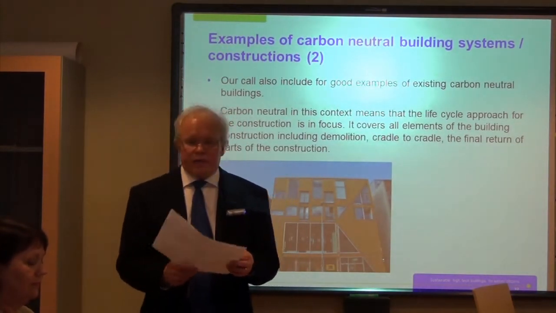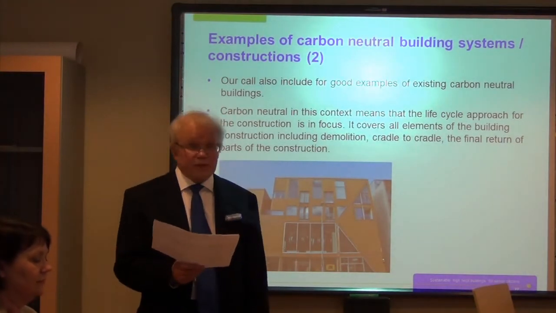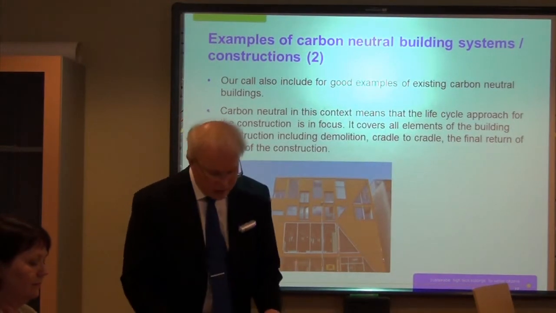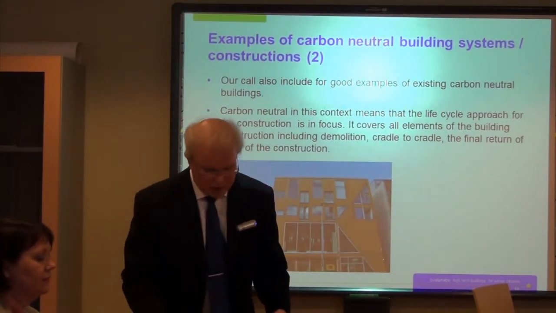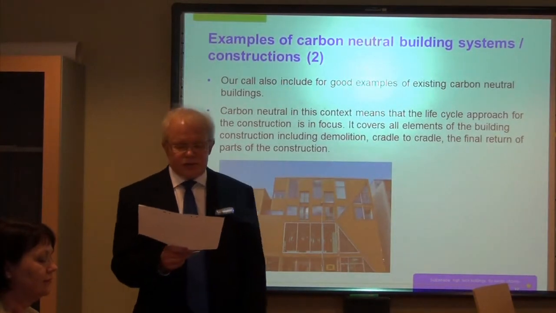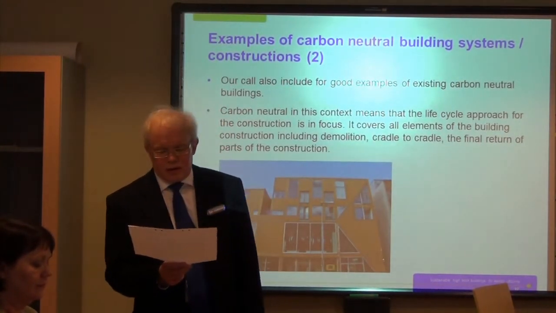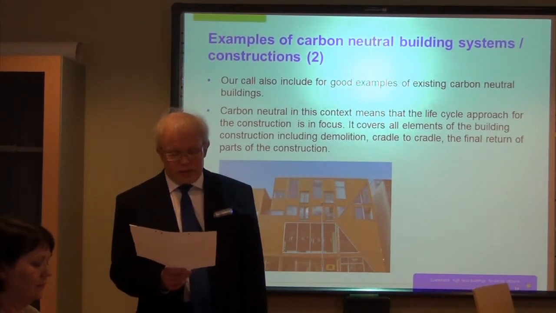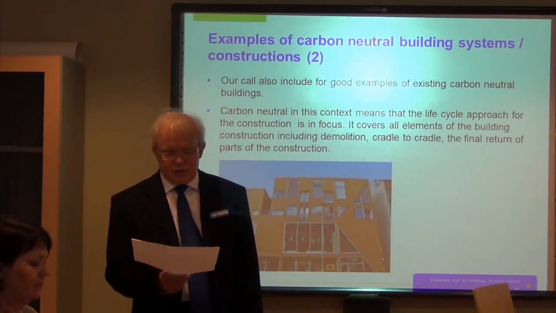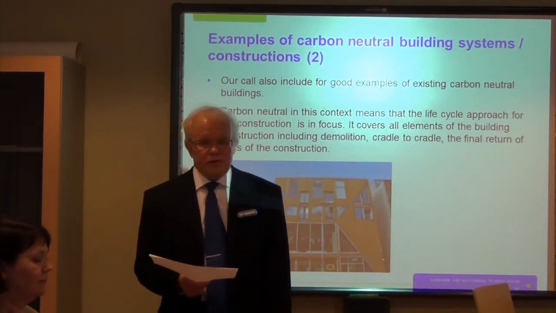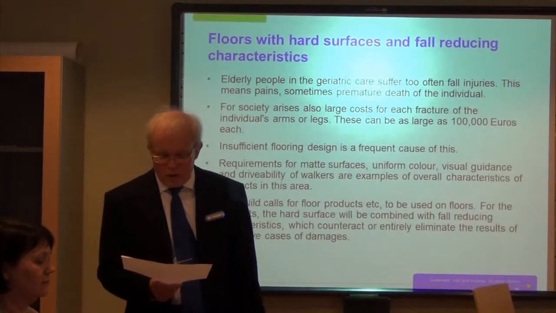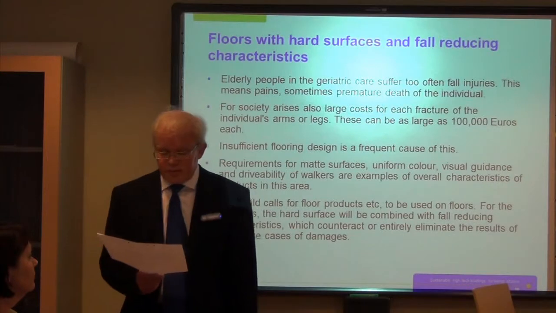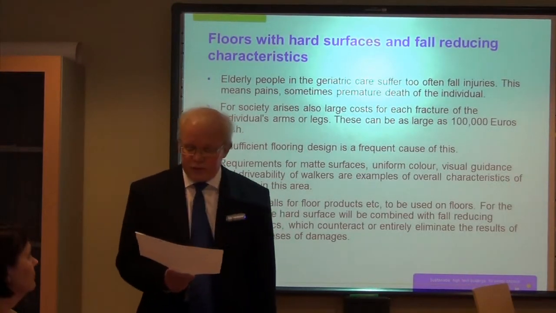And then we heard when we had the third and last issue, that with the floors with hard surfaces and fall reducing characteristics. The background is that the elderly people in geriatric care suffer too often fall injuries.